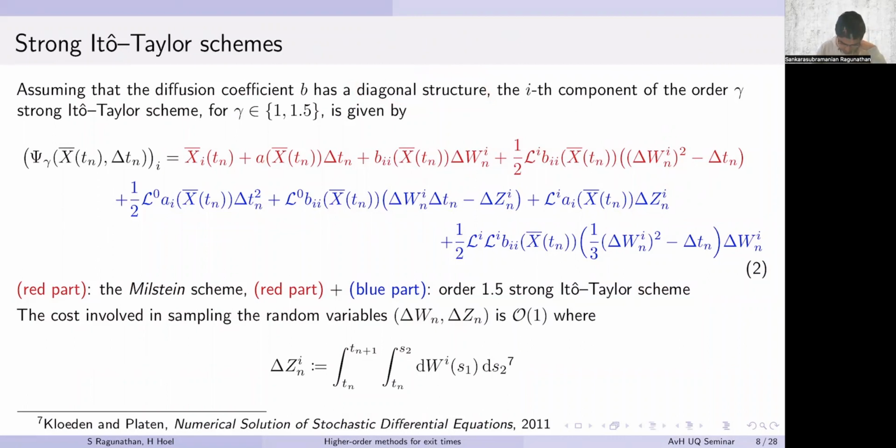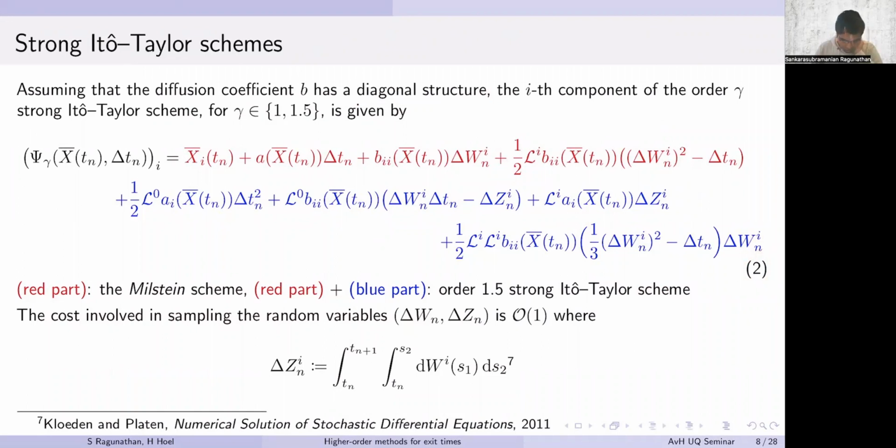And the numerical scheme is given by equation 2 here. The red part denotes just the Milstein scheme, and the red part along with the blue part denotes the order 1.5 scheme.